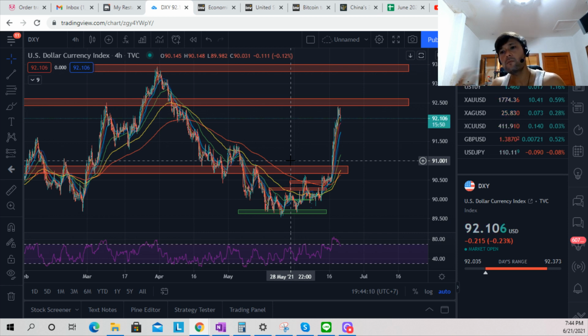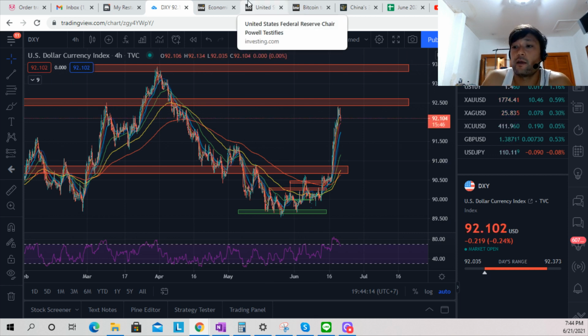On the other hand, there is a potential situation where he doubles down on what he was saying last week, that yes, the economy is recovering, and we definitely need to look at the inflation, and we really need to make sure that we're planning for these potential interest rate hikes and all these things.